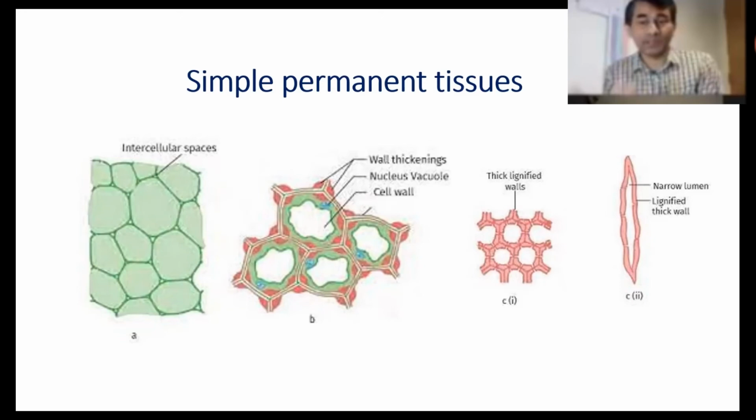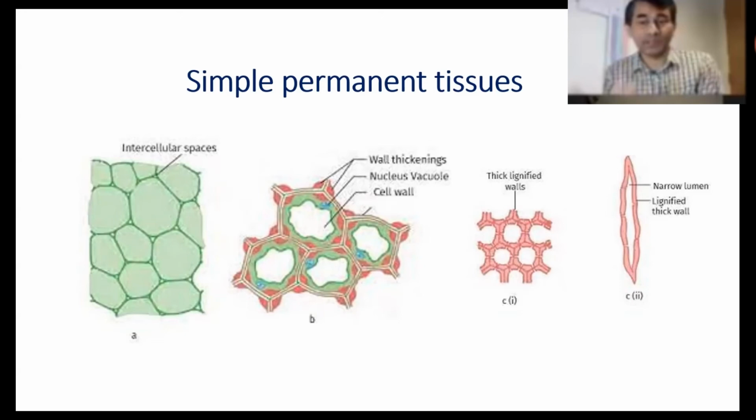So very important tissue. The next is another permanent tissue, which is called sclerenchyma. Scleros means hard. So they are hard. They provide strength to the plant.